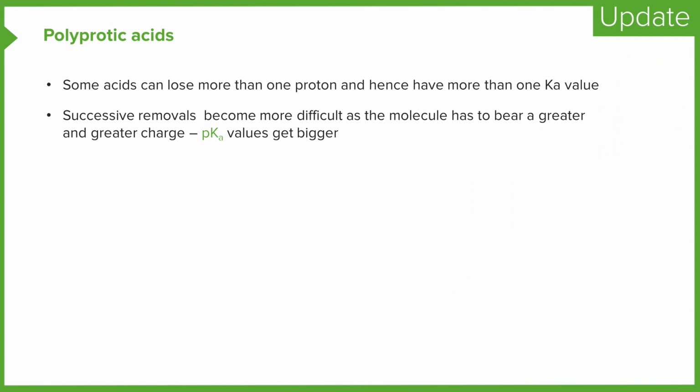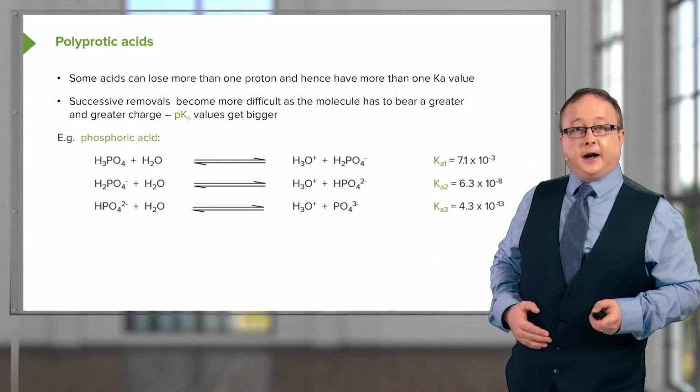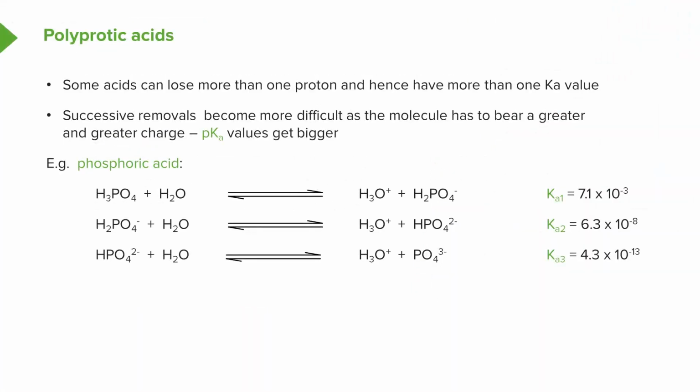Successive removals become more difficult as the molecule, therefore, bears a greater charge, and pKa values, as a consequence, get bigger. So let's have a look at phosphoric acid here. Phosphoric acid, that's H3PO4, when reacting with water, yields oxonium, H3O+, and a hydrogen phosphate anion.